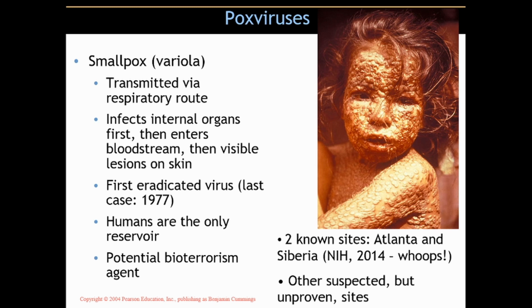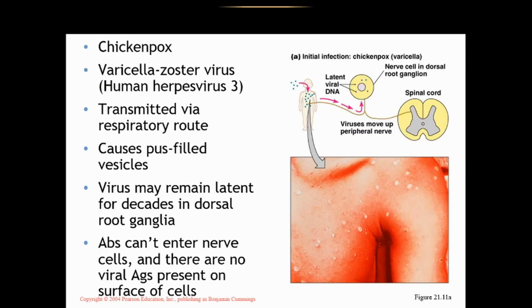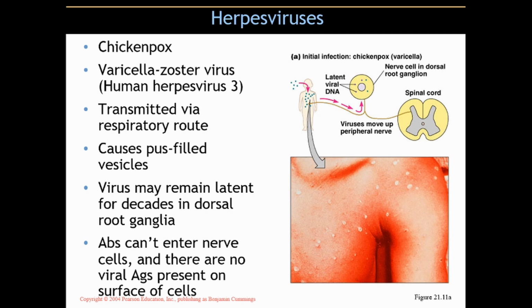So two firsts there with smallpox: first eradicated virus and first one we developed a vaccine for. A long time ago too. In terms of medical history, 1796 and vaccinations, that was a long time ago. Somebody understanding how to protect the human race against a pathogen.